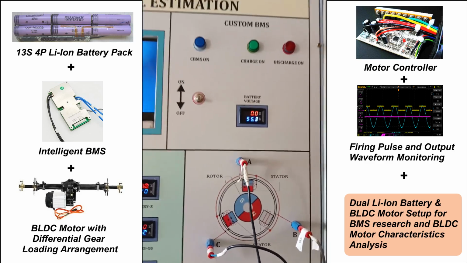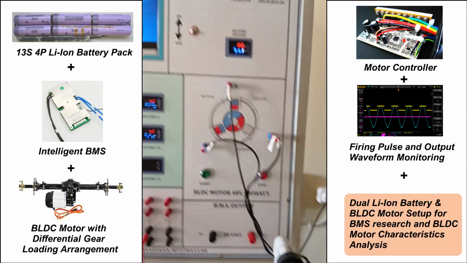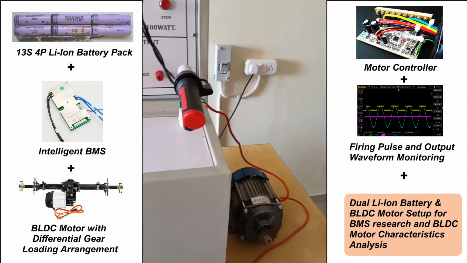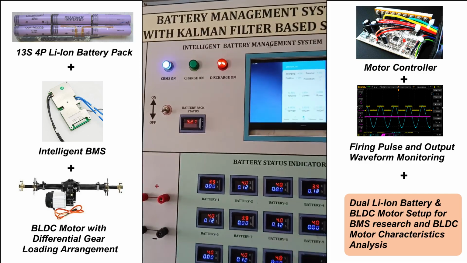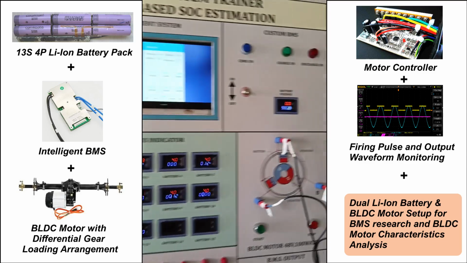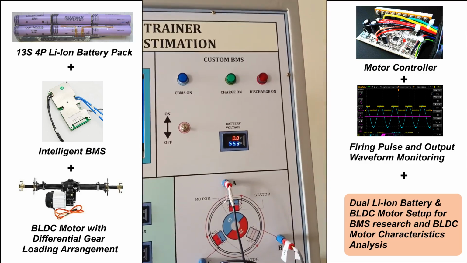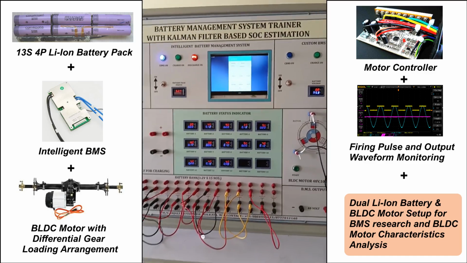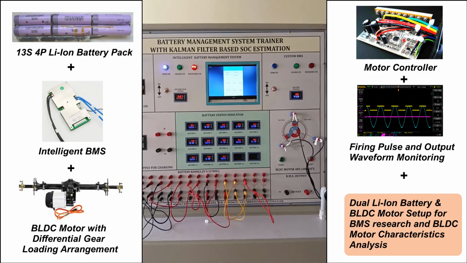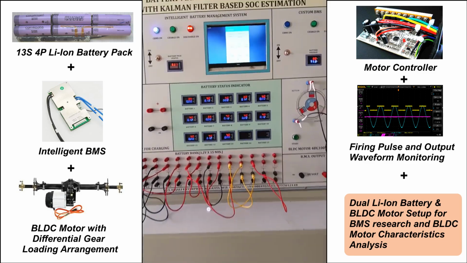The characteristics of the BMS as well as the motor characteristics can be observed for different throttle inputs. So this section is for training, and the Kalman filter section, that is the custom BMS section, is for research. Thus the panel focuses not only on training but also on research.